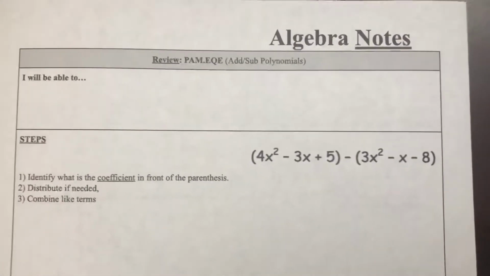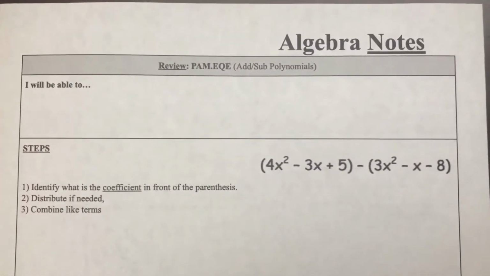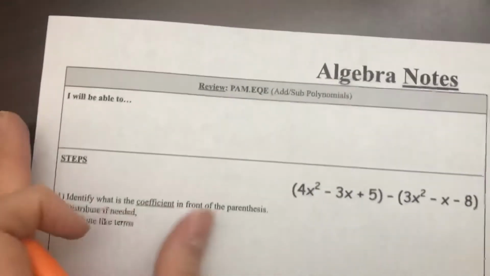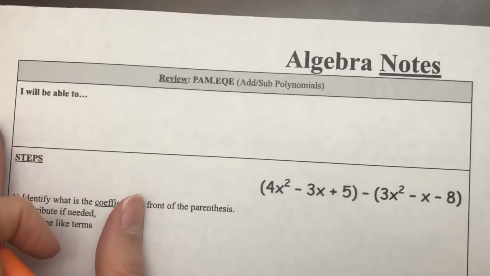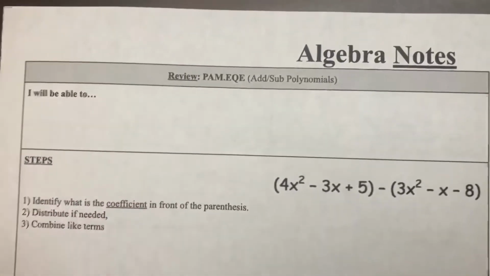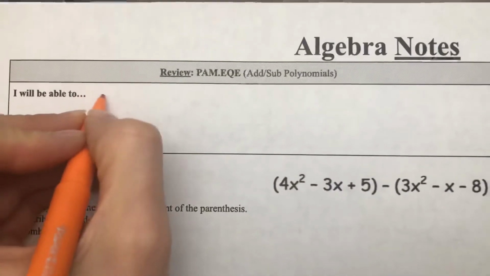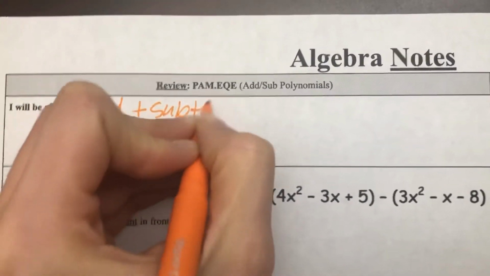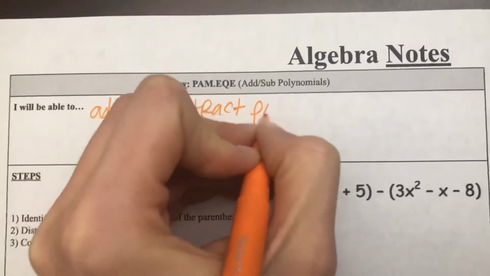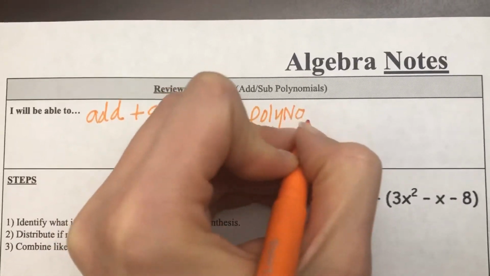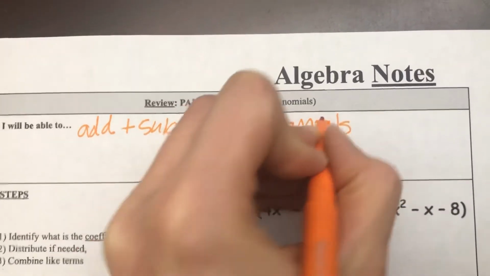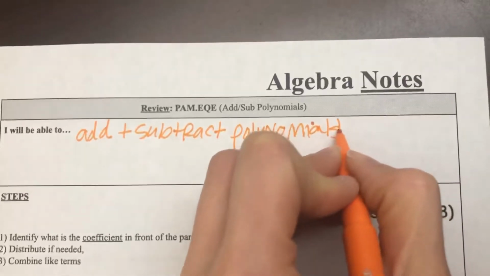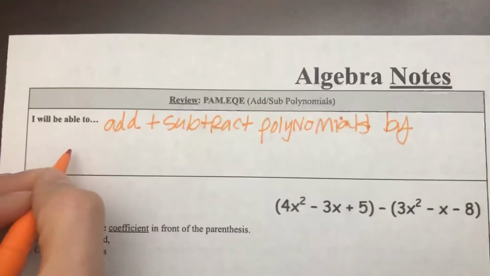This is Algebra Notes. This is the back side of the Unit 1 Notes 4 that you got the other day. So let's go ahead and start. On the I will be able to statement, we're going to write I will be able to add and subtract polynomials by distributing and combining like terms.